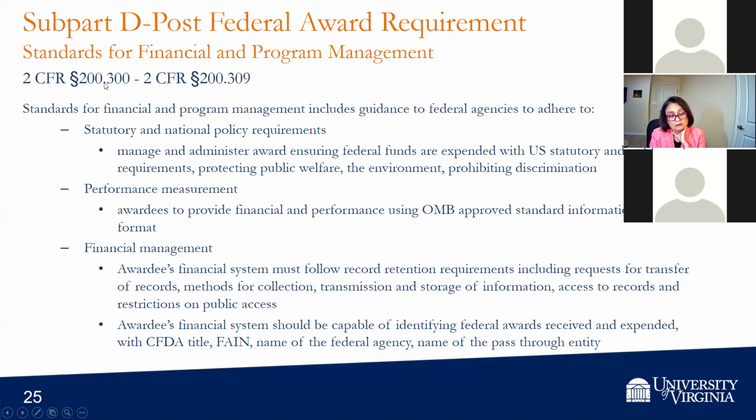They're all under 200.300 to 200.309 sections. So basically, what these guidelines, when they talk about financial, procurement, properties, sub-award management, these standards, they just require us to have internal controls, to have a proper system in place, to have written procedures. So you will see the same requirement across the board.